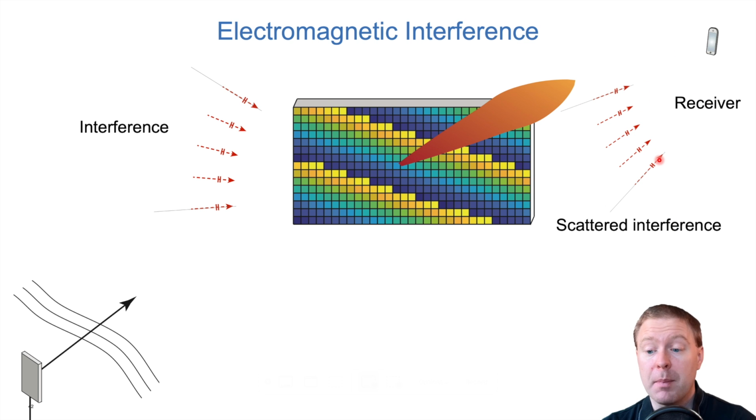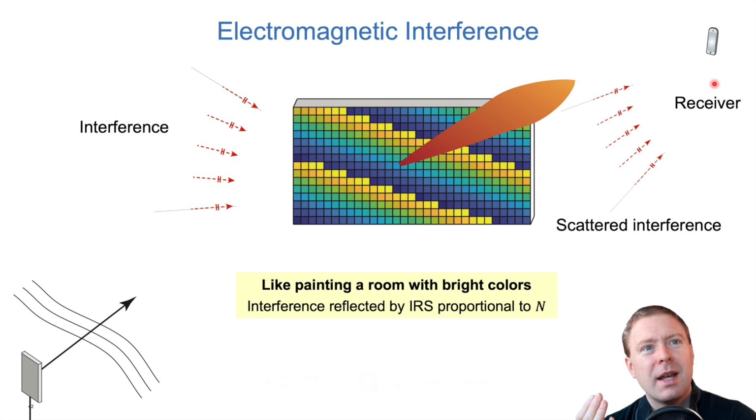And they might be scattered towards the receiver, but at least they will be scattered around. And what is important here? Well, it is that we are changing the environment in order to reflect signals more. So you think about it as painting a room with bright colors. It will feel like there is more light there because the light is not being absorbed, it's reflected.